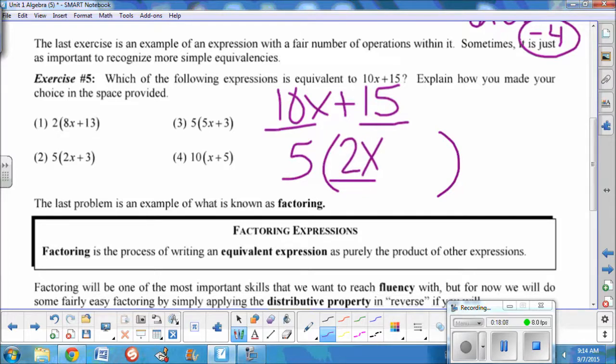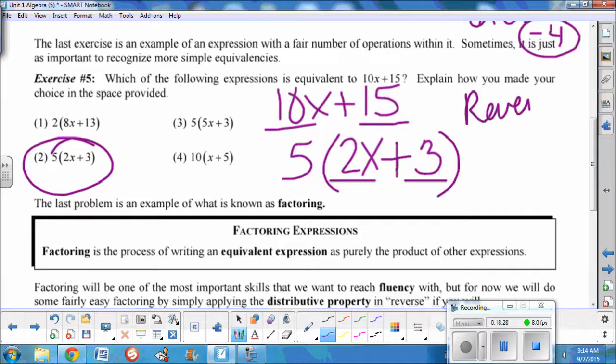It's 2x. 5 times 2x gives you that 10x. And then I know it's plus. 5 times what value is going to give you 15? And that's 3. So now we just did the reverse of the distributive property.